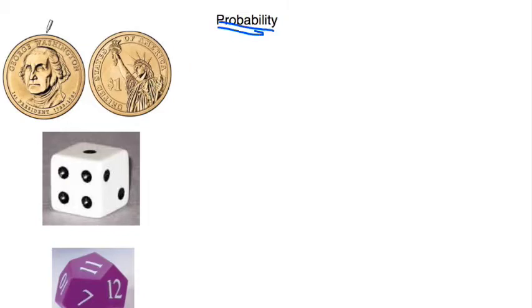probability. What is it? Classical probability uses the flip of a coin, the roll of a die. If you have two of them, it's called dice. And then I have this funny die down here, which has 12 sides. So when you talk about flipping a coin, you have two choices. It could fall on a head, or actually face up on a head, or the face up could be a tail.